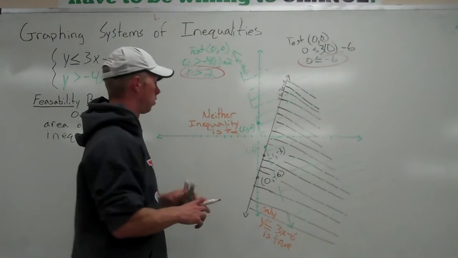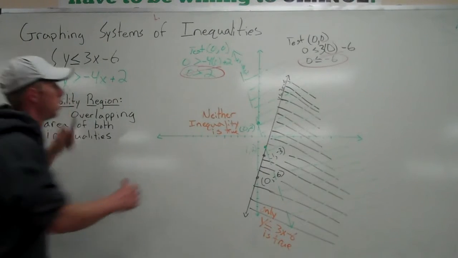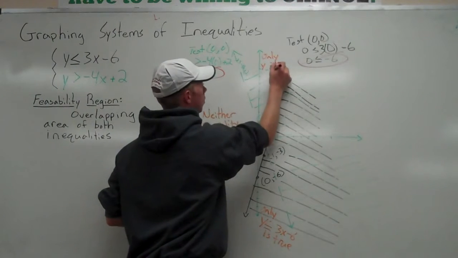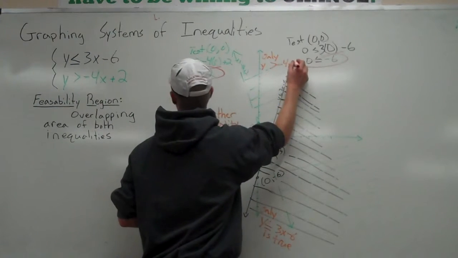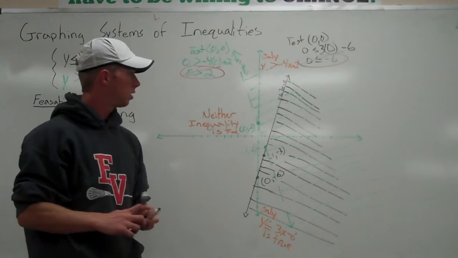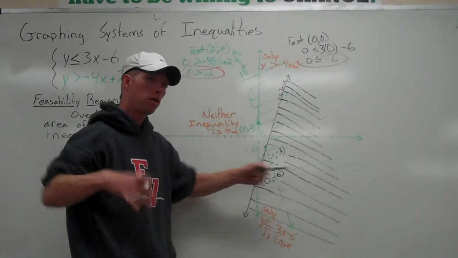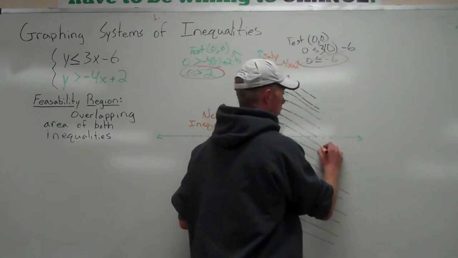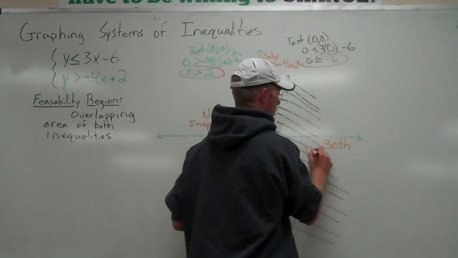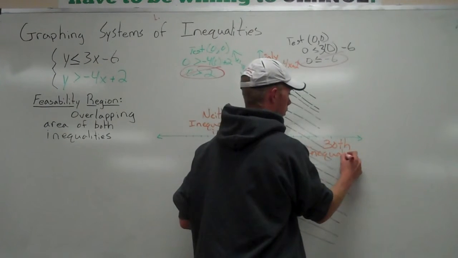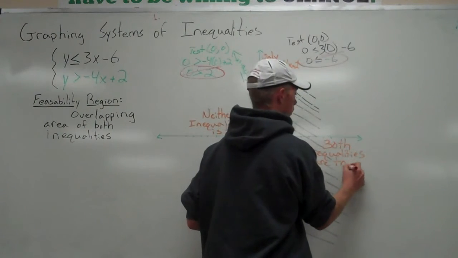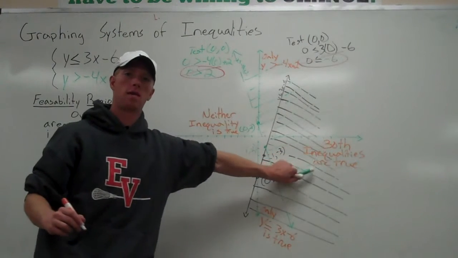Up here, only the green one was true, so only y greater than negative 4x plus 2 is true. And in this region over here, we've colored in both black and green, so we can say both inequalities are true. This is the answer.